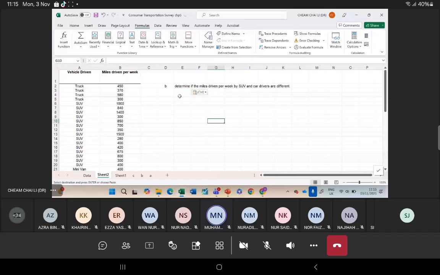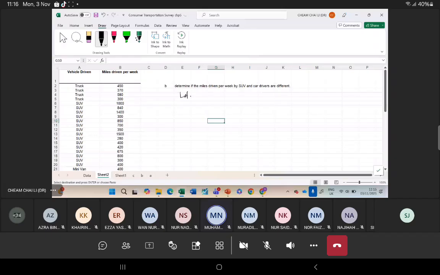Let mu1 equal mean miles driven per week by SUV drivers, and then mu2, mean miles driven per week by car drivers.